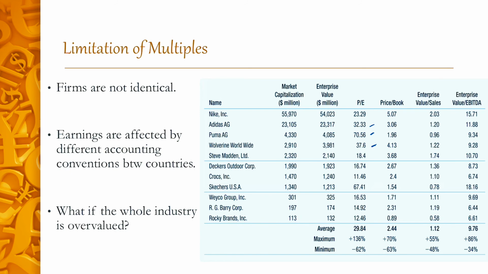The problem with that is, for example, an industry can be overvalued as a whole. A good example is the internet industry during 2000, 2001.